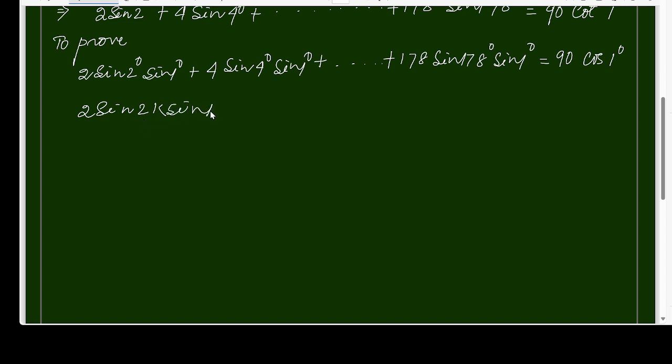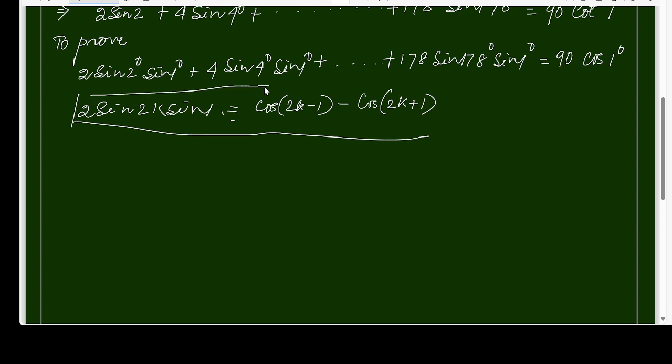If I apply the formula 2 sine A sine B, this is nothing but cos of 2k minus 1 minus cos of 2k plus 1. I am applying this formula to each of the terms.